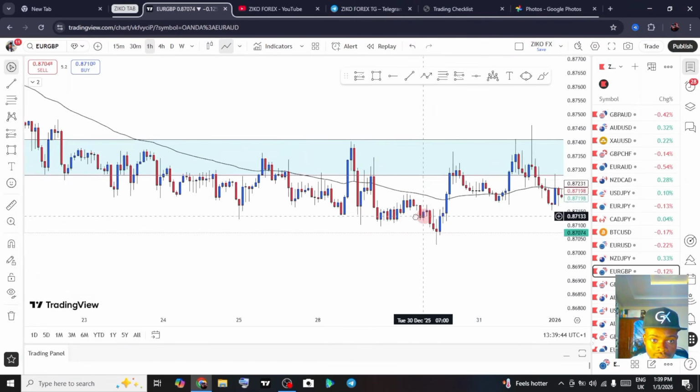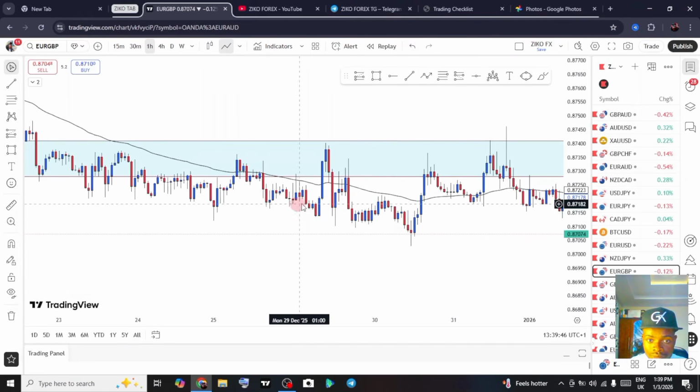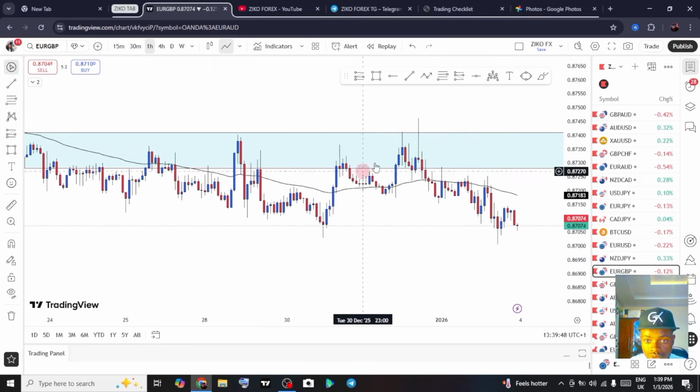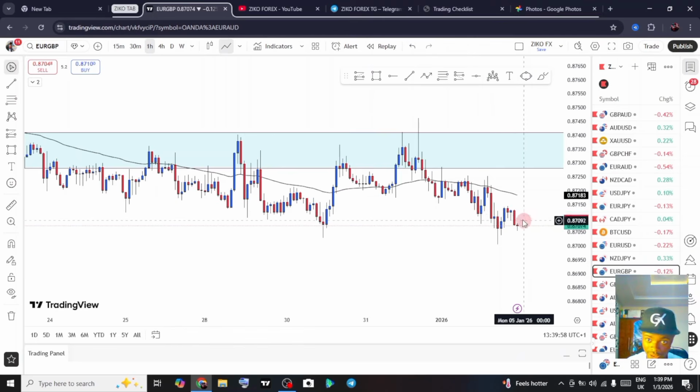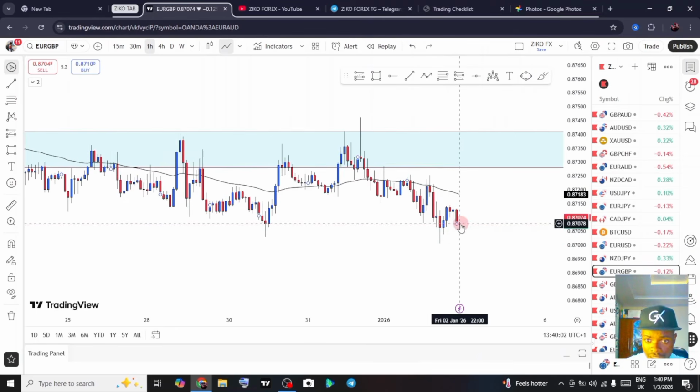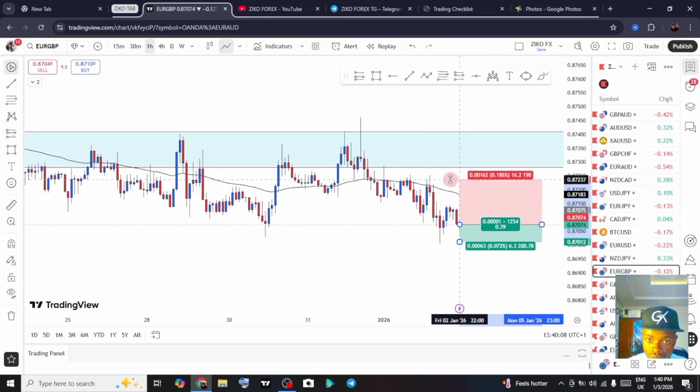So the 1 hour time frame was really slow right here, but we had the break right here and the retest, and this might be the entry right here. So technically this trade has left, but this could also be another entry right here. So this is how this trade is supposed to be looking.